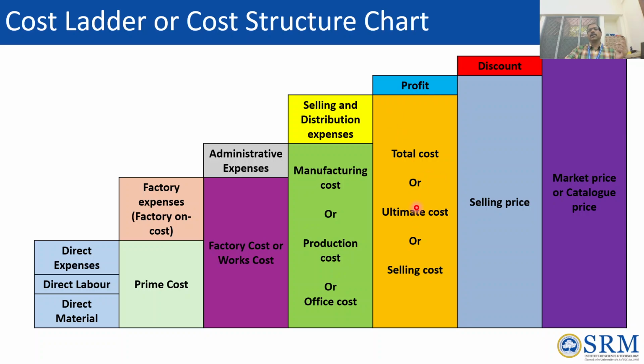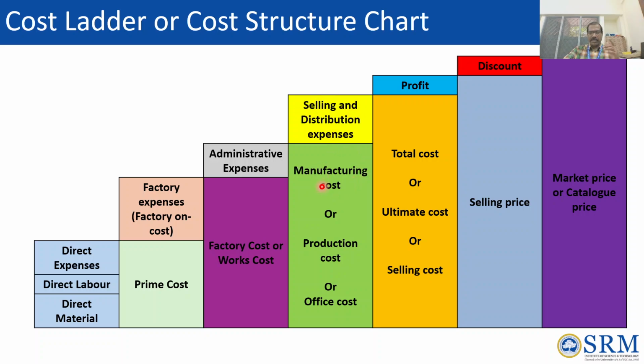How is the total cost calculated? If we go back, it is the manufacturing cost or production cost incurred in real time, along with the selling and distribution expenses. Selling and distribution expenses means postal charges, transportation charges, packaging charges; all will come under that.